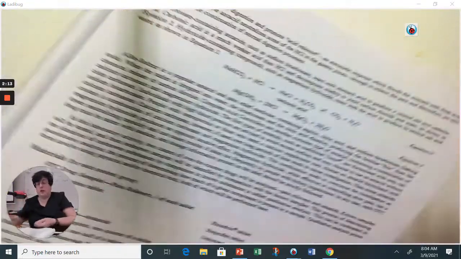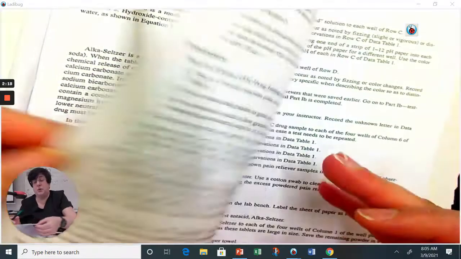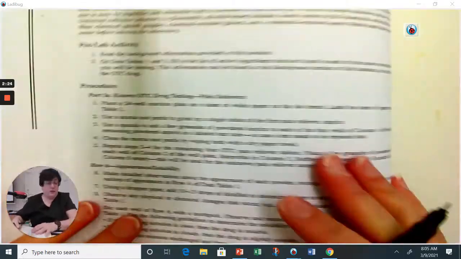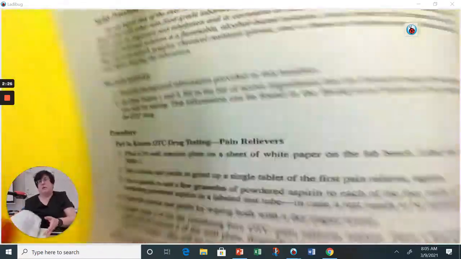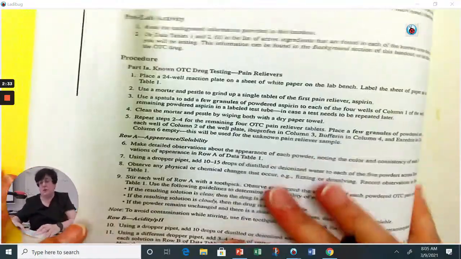We're going to look at how over-the-counter drugs behave, and how they can be classified by chemical experimentation. When you do this lab, I'm going to get another book out. I have my procedure out, and then I have my data table. I want to show you the procedure as we go along. So let me grab another book.